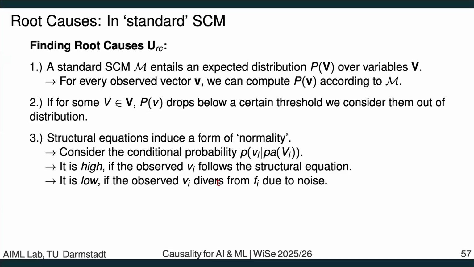So the effect comes from some of the parents. And if I get a low probability here, then it diverts. I will correct this typo. Then it diverts from this expected conditional probability, so from how I would compute my variable normally.